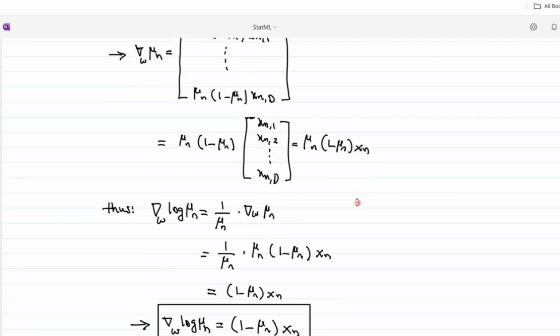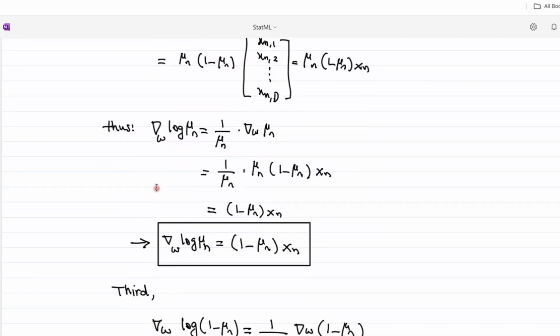And to finish this part, the only thing that we need to do is to take into account this logarithm function. And we know that from calculus, if we have log of x and we find the derivative with respect to x, that's 1 over x. So this means that it is 1 over mu n, because that's our x right now from the calculus language. And now also we have to make sure that mu n is a function of w.